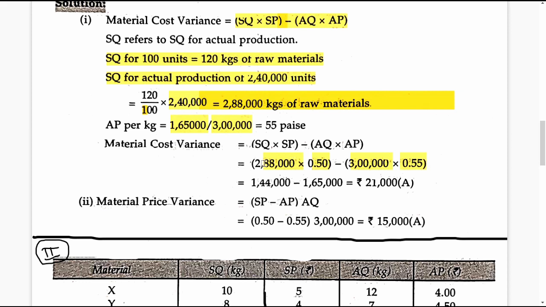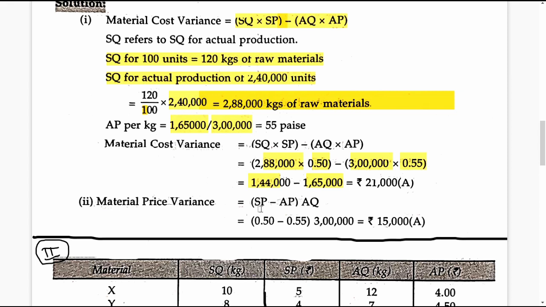If you simplify this step, you get 1,44,000 rupees minus 1,65,000 rupees. This 1,65,000 rupees, which is the actual cost of producing 2,40,000 units of the finished product, is higher than the standard cost. The answer would be negative, which could be named as adverse. So 21,000 rupees adverse is the answer for material cost variance.